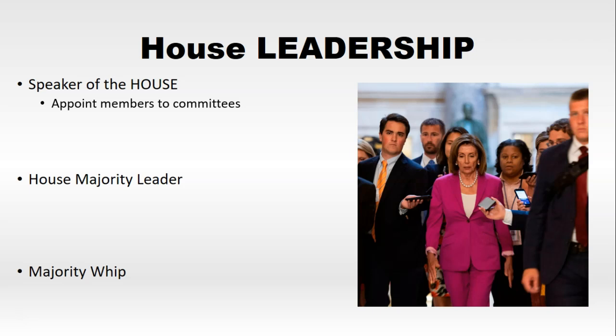Being a member of that committee, you would be tasked with reviewing different legislation that has to do with education. Okay, so pretty important role. The next thing the Speaker of the House does is they determine what bills actually make it to committees.